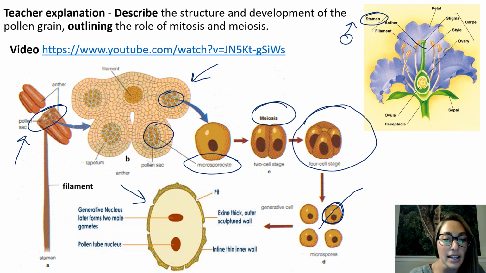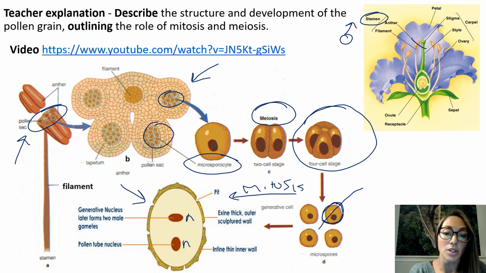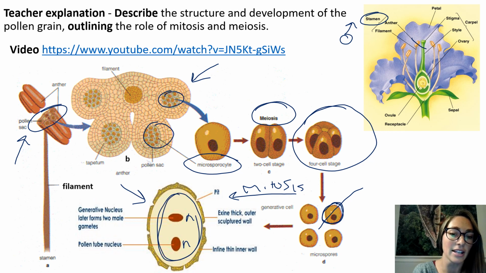Now the generative nucleus is a haploid nucleus, so just N, and we've also got a pollen tube nucleus, which is also haploid, so again just N. These nuclei are genetically identical because in this process, from meiosis to this point, we actually have mitosis taking place, and mitosis has produced two genetically identical nuclei, and they're both haploid, and you can see that here.